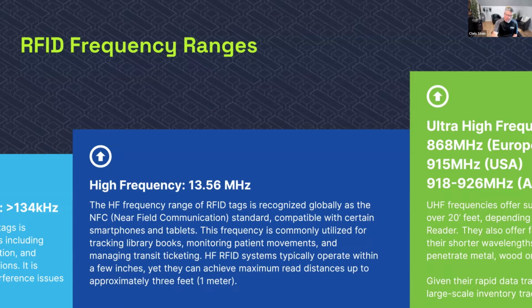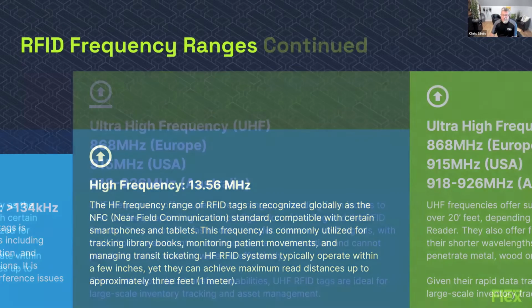I've literally got to tap it. It's got to be in really close proximity, which is specifically designed for privacy and protection in that communication protocol. High frequency range is typically the range for near field communication.